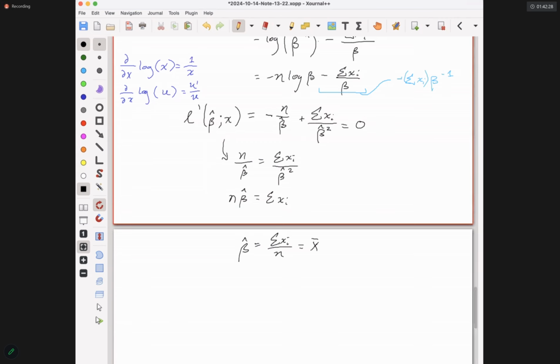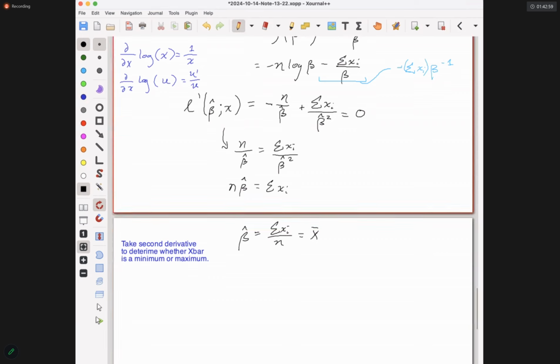So what we need to do next is take the second derivative to determine whether x bar is a minimum or maximum. Does that make sense?